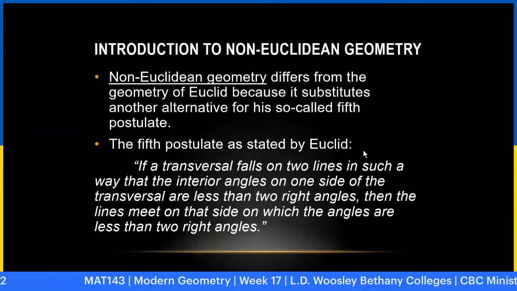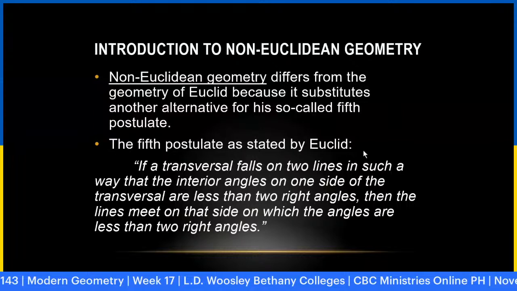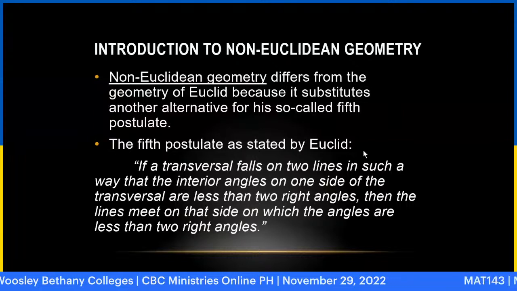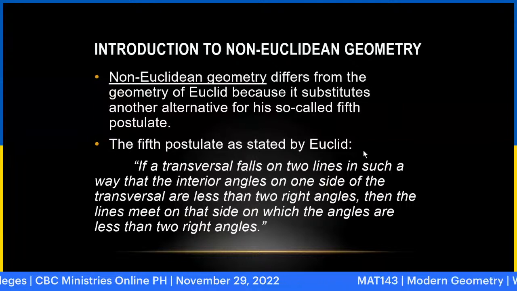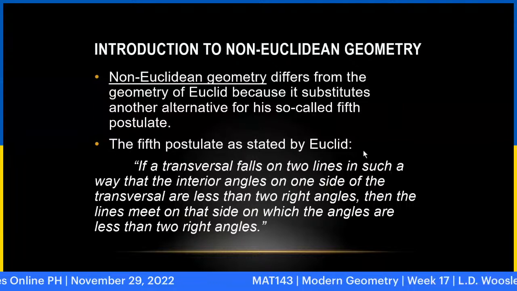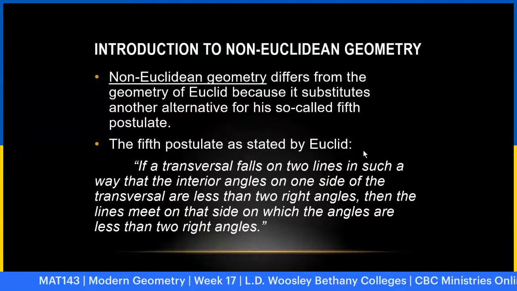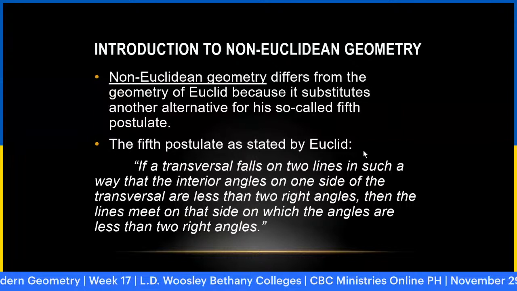Meaning if the sum of the interior angles is not equivalent to 180 degrees, they're not parallel, yung ibig sabihin, they will intersect on the side on which the angle sum is less than 180.